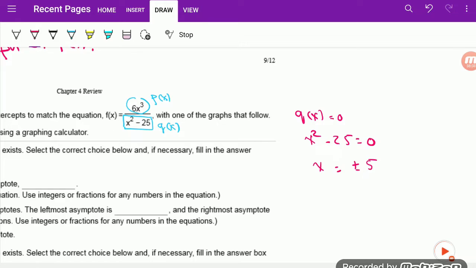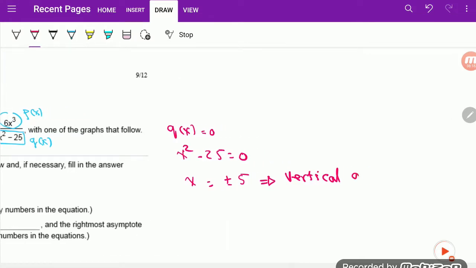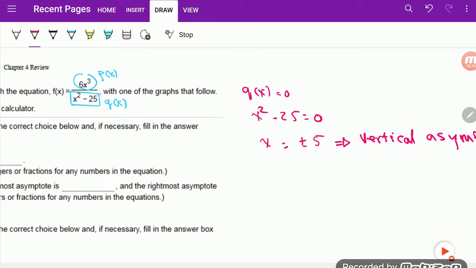So these are vertical asymptotes, two asymptotes. Do we have a horizontal asymptote? We'll look at the degrees.